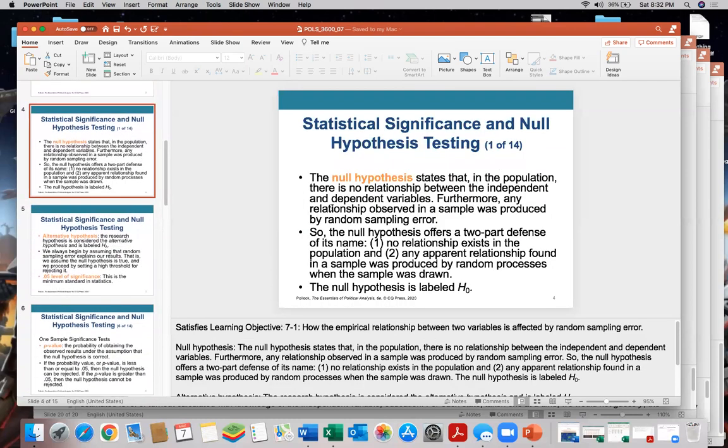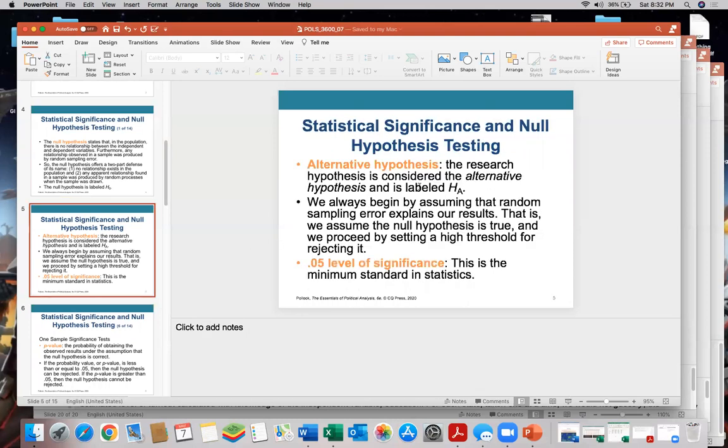This is where we start with the null hypothesis, or the beta naught, which is that we believe there is no relationship that exists in the population between these two variables. And we set the 95% confidence interval to make it difficult to reject it.